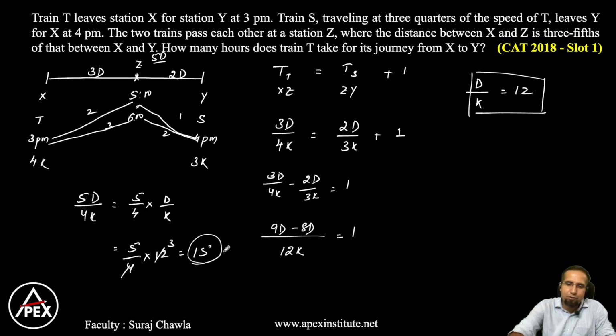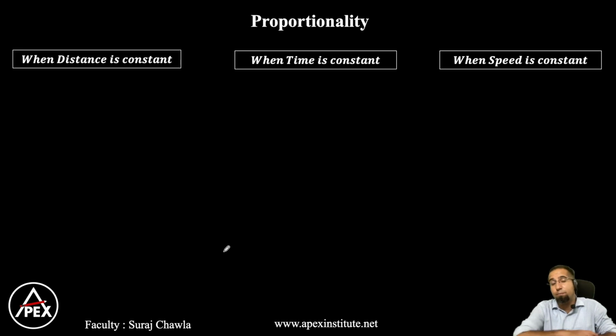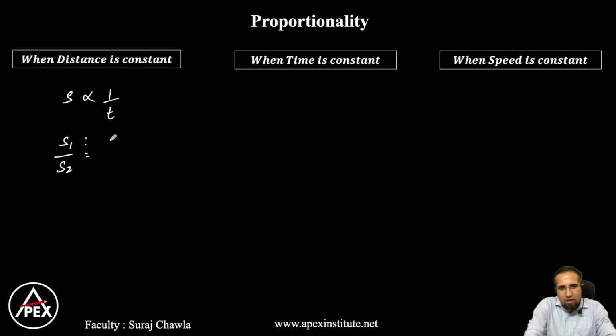Right? So let's move to the next model, which is the proportionality model, the most important crux of this topic. In proportionality, we look at three things: when distance is constant, when time is constant, and when speed is constant. When distance is constant, speed is inversely proportional to time, so we write S1 by S2 is equal to T2 by T1.